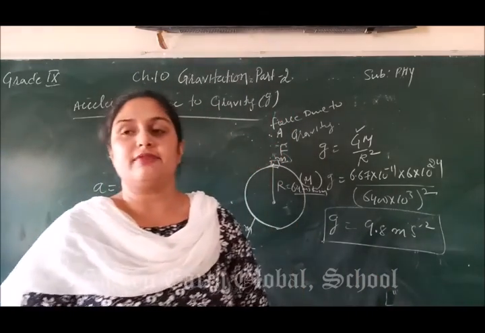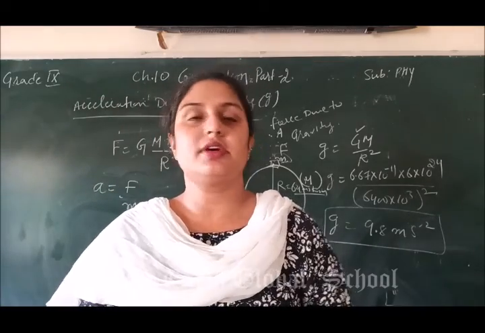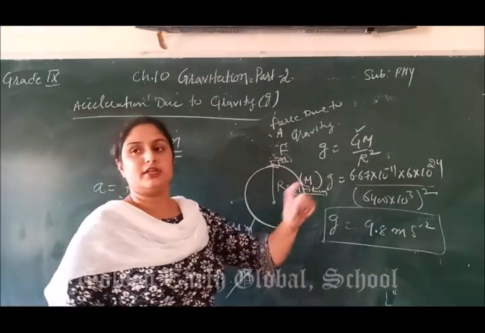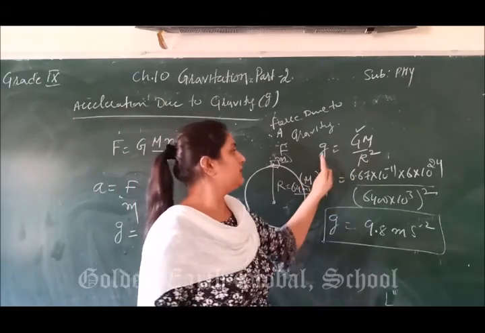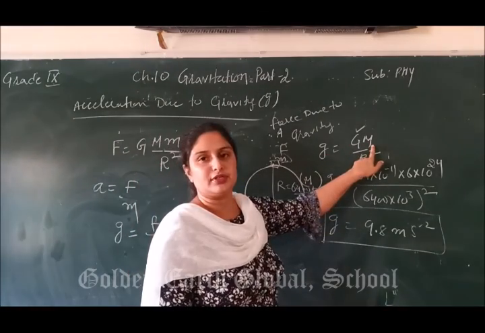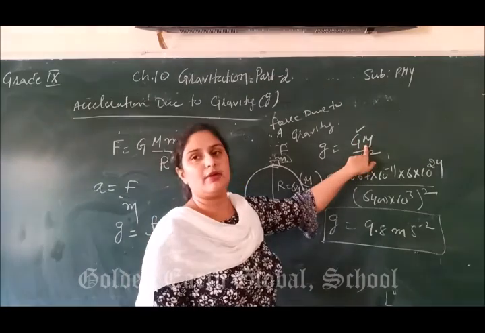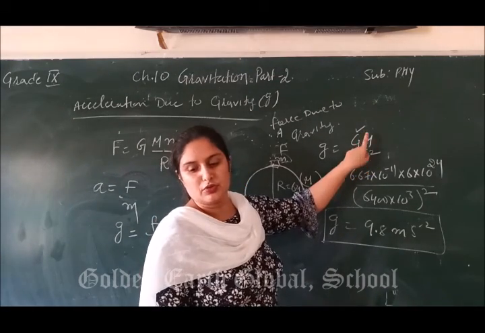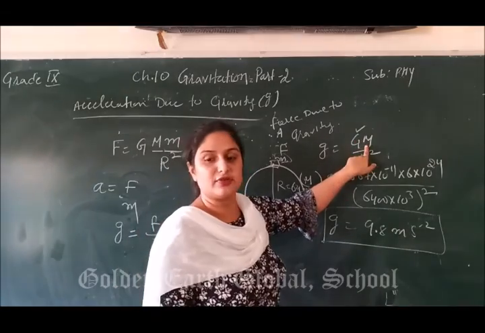Different planets have different accelerations due to gravity, because when you calculate the acceleration, there is the mass of the planet. If we are talking about the earth, we put the mass of the earth. If you talk about the moon, you put the mass of the moon here.